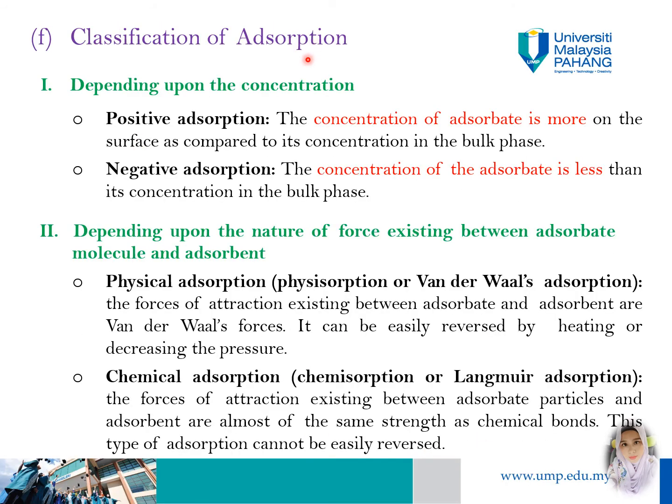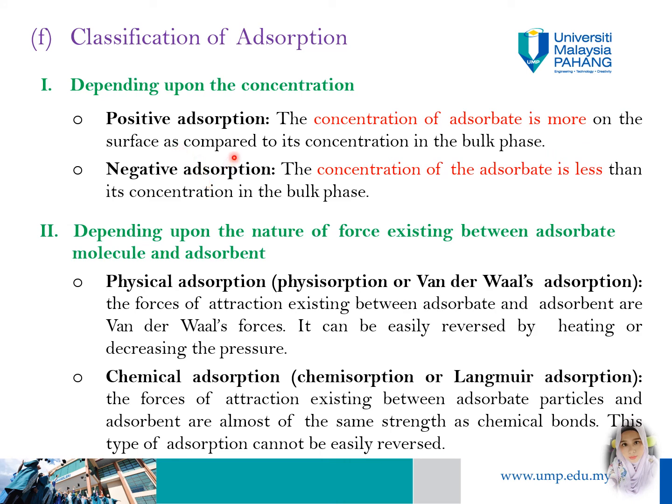Adsorption processes can be classified either by concentration or by the nature of the force existing between the adsorbate molecules and the adsorbent. For the concentration dependence, it can be divided into positive or negative adsorption. Positive adsorption means that the concentration of the adsorbate is more on the surface as compared to its concentration in the bulk phase.